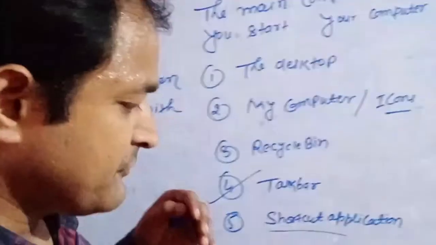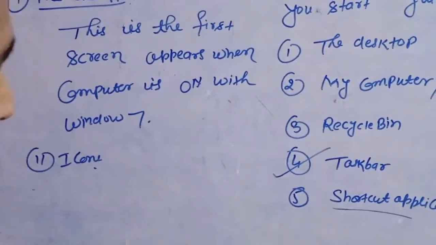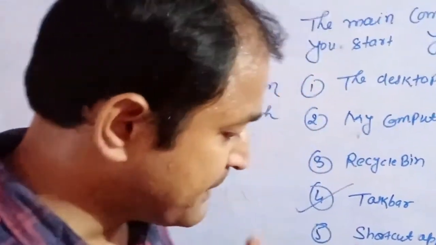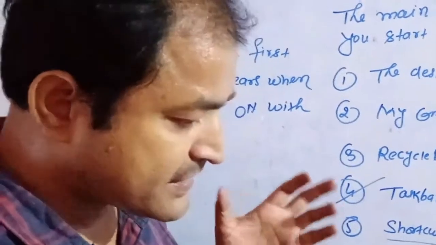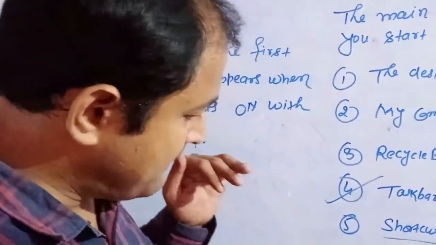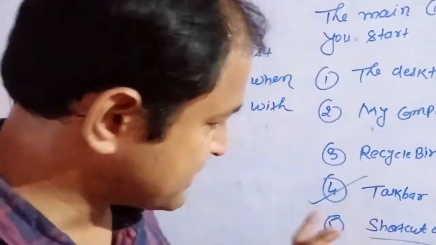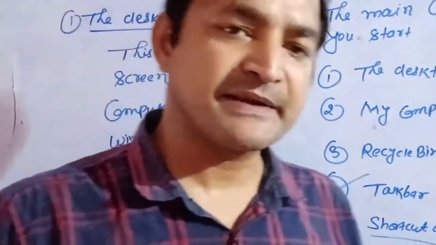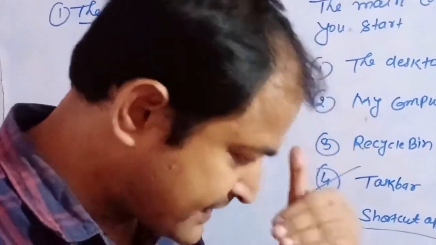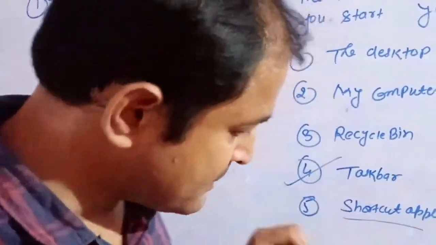And fifth, the start button. The start button is the gateway to Windows, and the Windows-based programs stored in the computer. Again I repeat, what is the start button? It is the gateway to Windows, and the Windows-based programs stored in the computer.